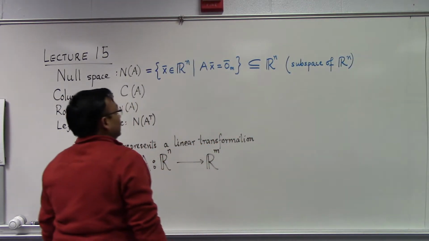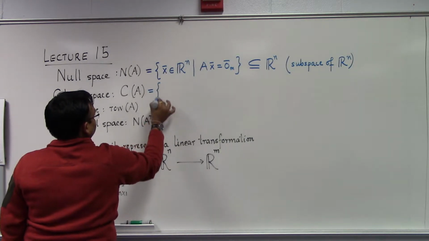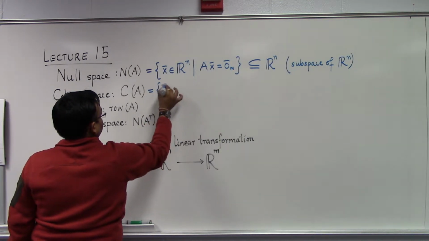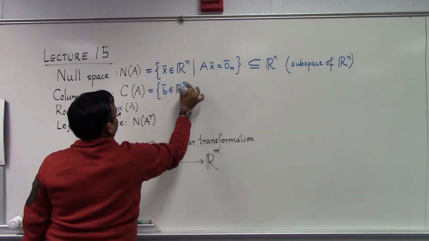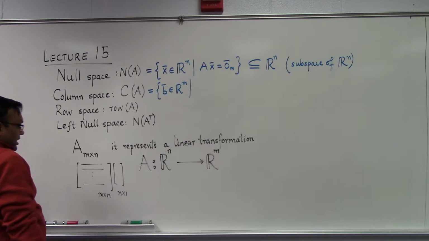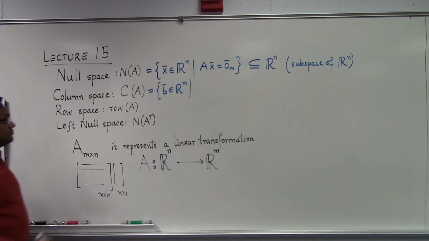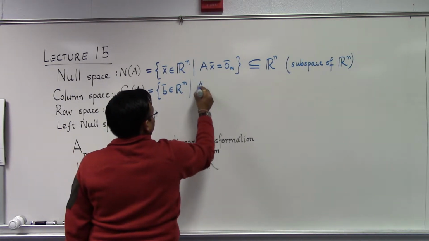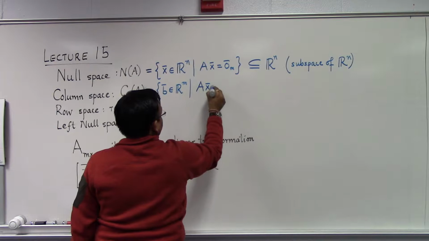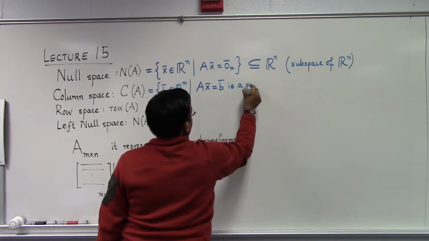Okay. Now, how did we define the column space? We said things belong to the column space if it is a linear combination of the columns. As you can see, the columns, they all live in Rm. So their combination will also live in Rm. And we said all those b's for which this is a consistent system.